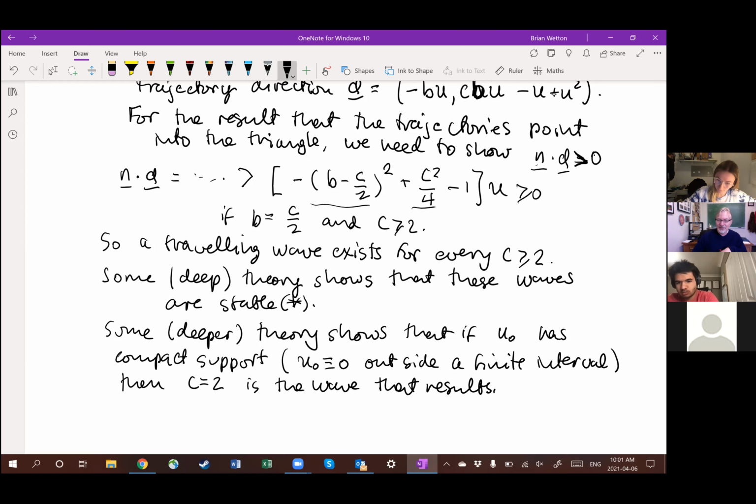So if you start off with something that doesn't have a long tail, so it's a finite disturbance, then it's the c equals 2 wave that comes out, even though all the other ones are stable. Now, I can just give you a little bit. Okay, so there's a question like a square wave.